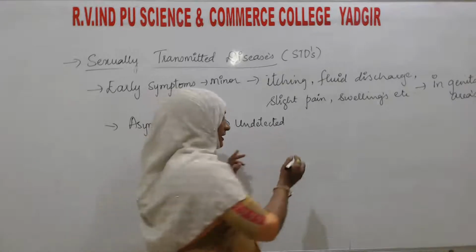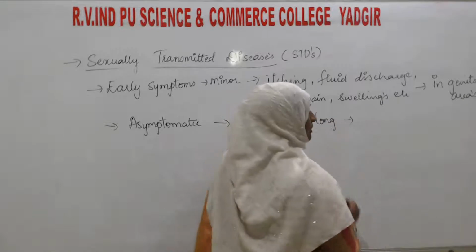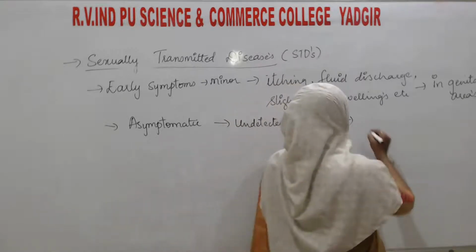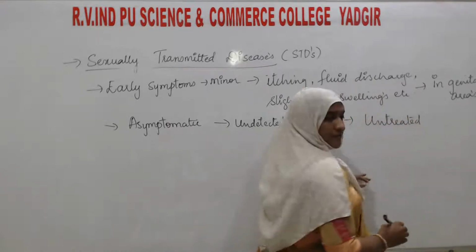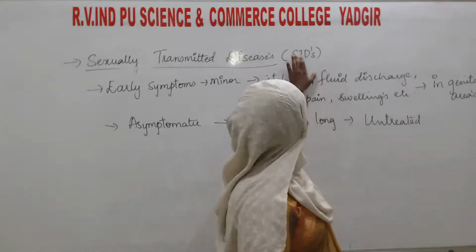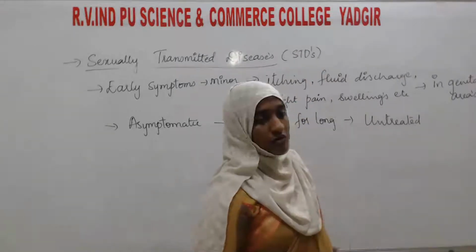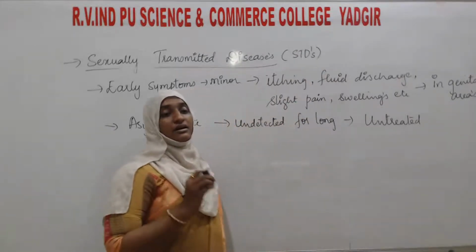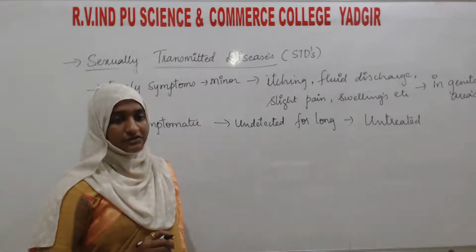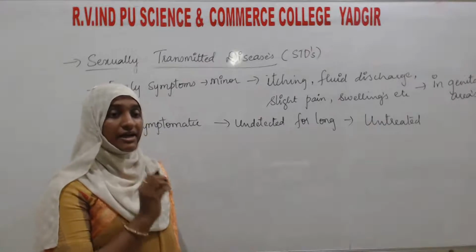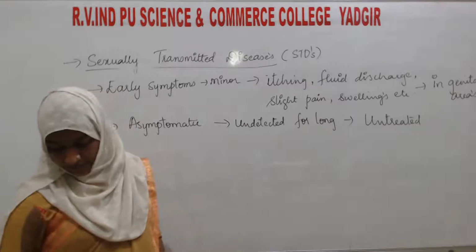If it is undetected for a long period of time, then that disease will remain untreated. If it remains untreated, these diseases are going to transmit from that person to another person. This can happen especially in hepatitis B and HIV/AIDS, because the symptoms will be minor. Not only minor, there will be few or no symptoms.